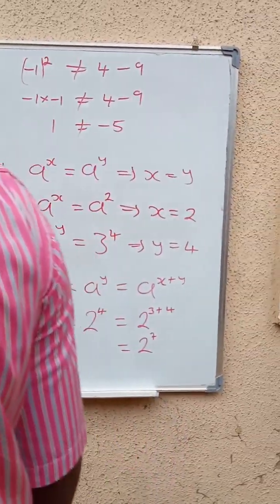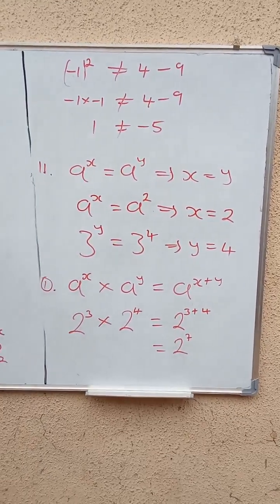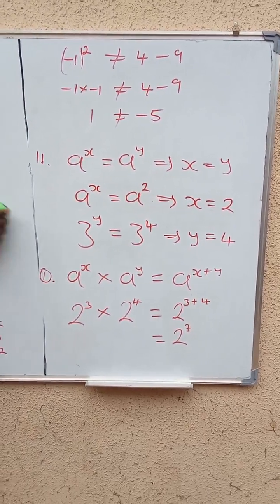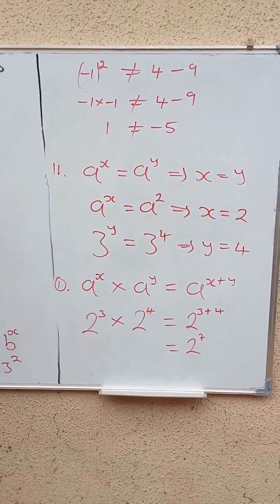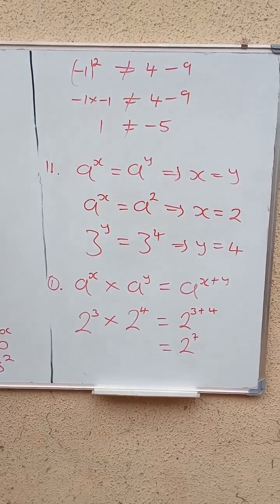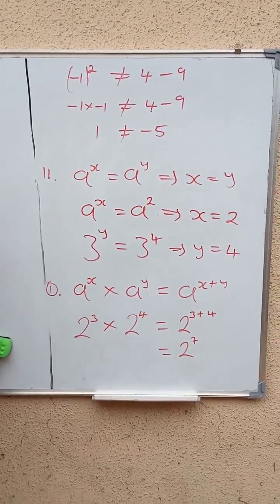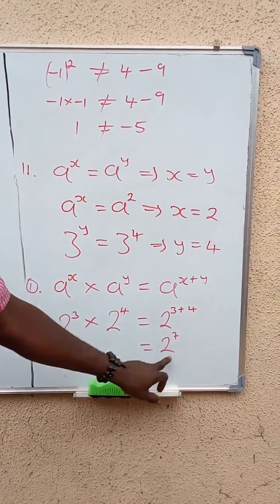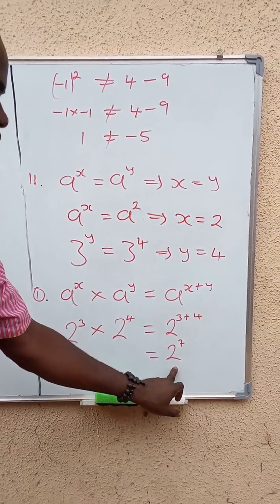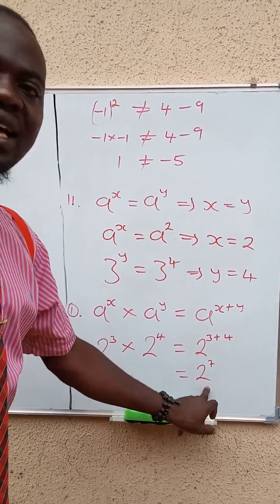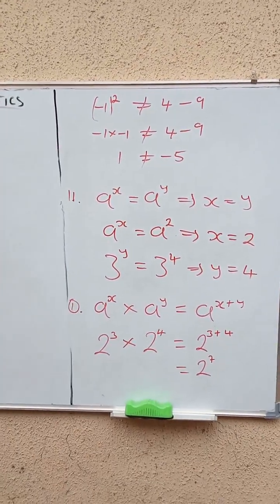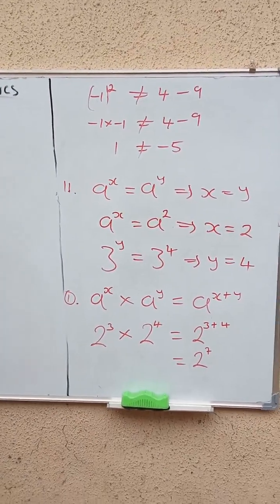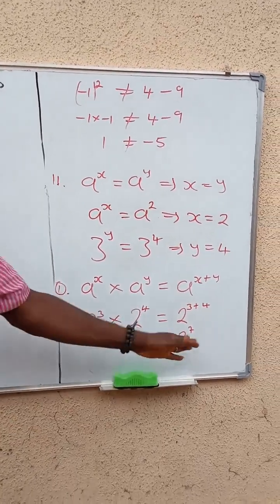And 2 raised to the power of 7, we say that the 7 is the index or power or exponent, and the 2 is the base. This index, which is 7, is telling us the number of times that 2 multiplies itself. In that case, I have 2 times 2 times 2 times 2 up to 7.